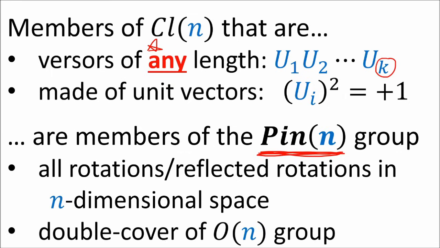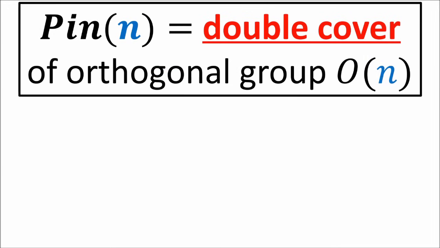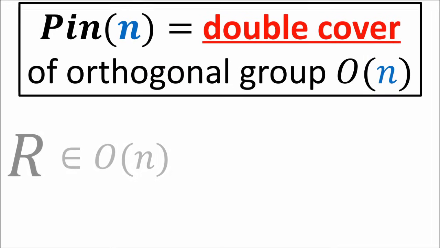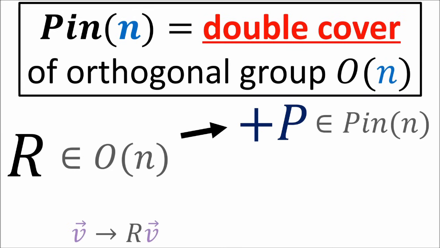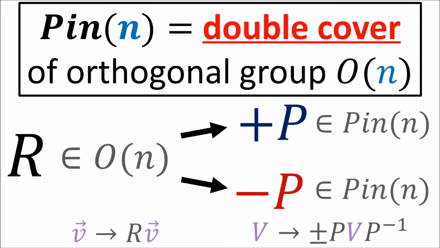Pin n is the double cover of the orthogonal group O(n), which includes rotations and reflected rotations. Again, it's the double cover because there are two versors in the pin n group for every O(n) matrix that performs the same geometric operation. The plus and minus versions of the same versor perform the same geometric operation.